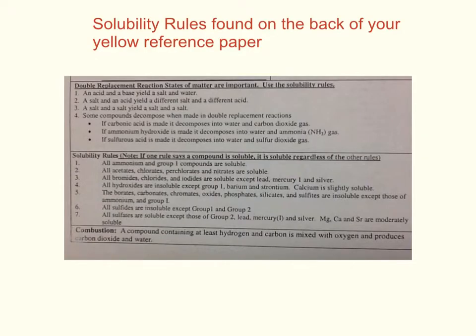Turn your yellow paper over to the back and look towards the bottom, and you will see the double replacement reactions solubility rules. So we're going to look at these right here.